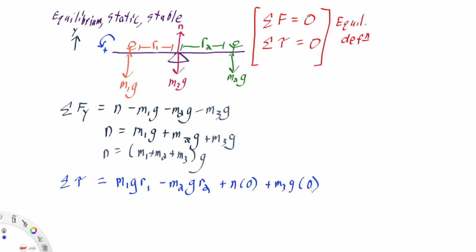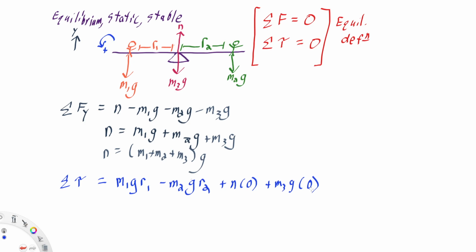Is it negligibly small or no torque at all? It's actually exactly 0. So if the normal force and the weight are applied exactly at the pivot point, then their torque is exactly 0.